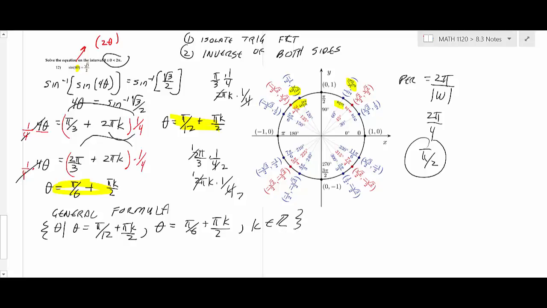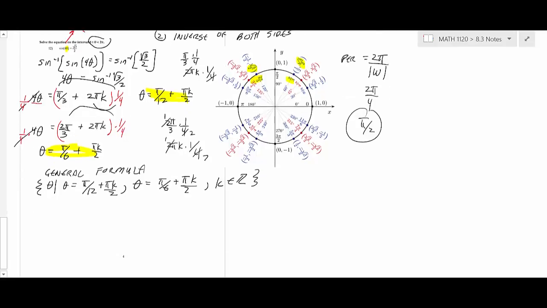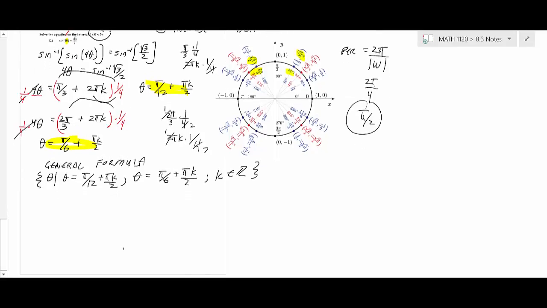That's how you would write the general form. Anytime the argument of the trig function is anything other than a variable, you've got to take this approach. So that is the general answer to the problem. Now we've got to get the specific answers.